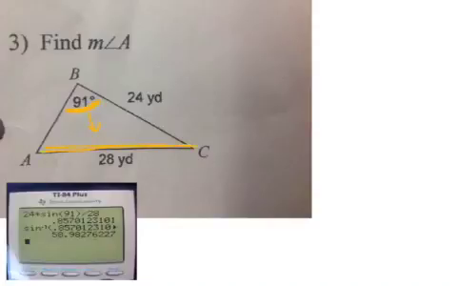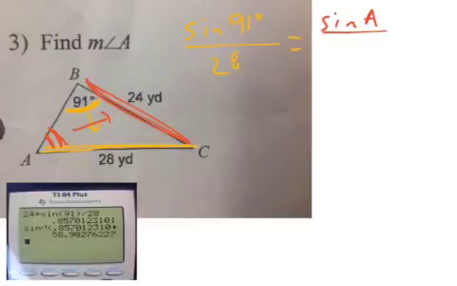So using the law of sines, I'm going to say the sine of 91 degrees goes with 28. And that ratio equals, notice I'm asked to find angle A over here, and opposite of it is this side 24. So I'm going to say the sine of angle A, the ratio of that with its opposite side 24.